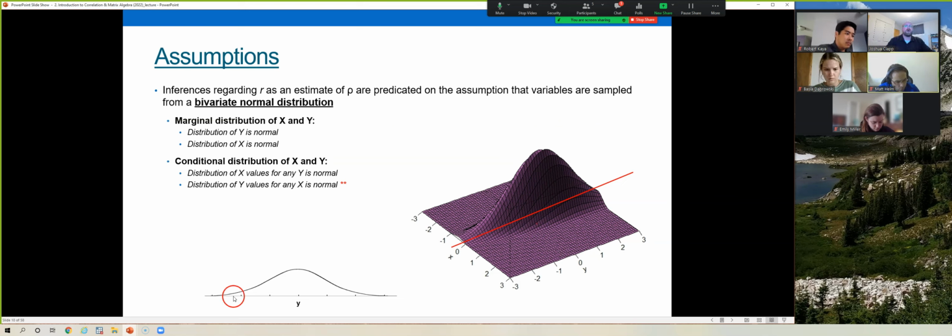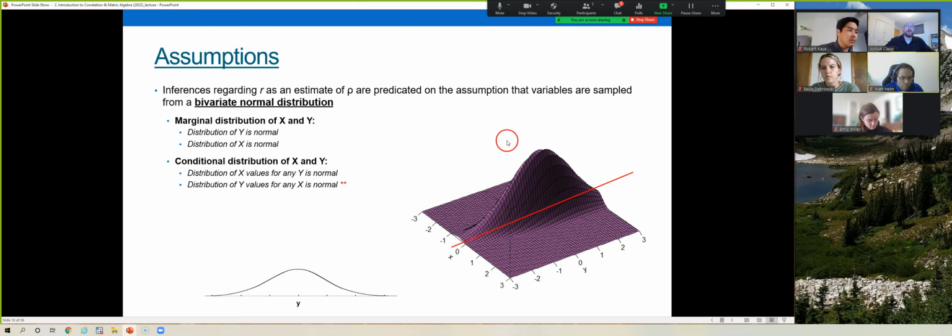If I were to slice it at x equal to 1, still a normal distribution here. Okay, so think about this. These are conditional distributions because it's the distribution of x conditioned on some value of y, or the distribution of y conditioned on some value of x.